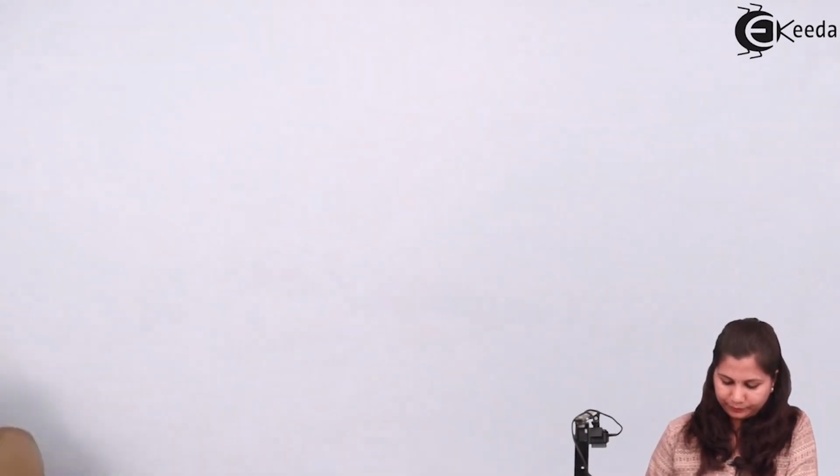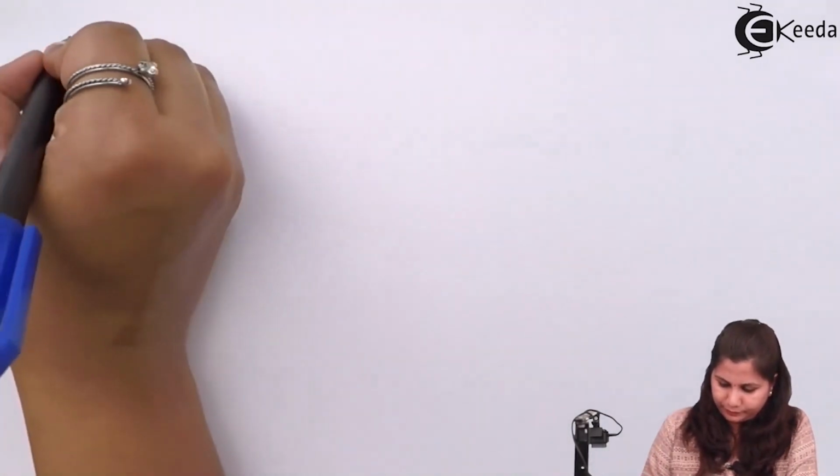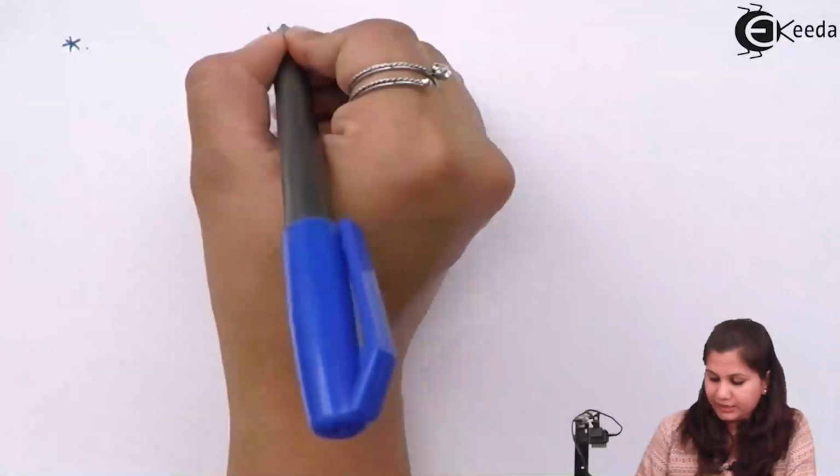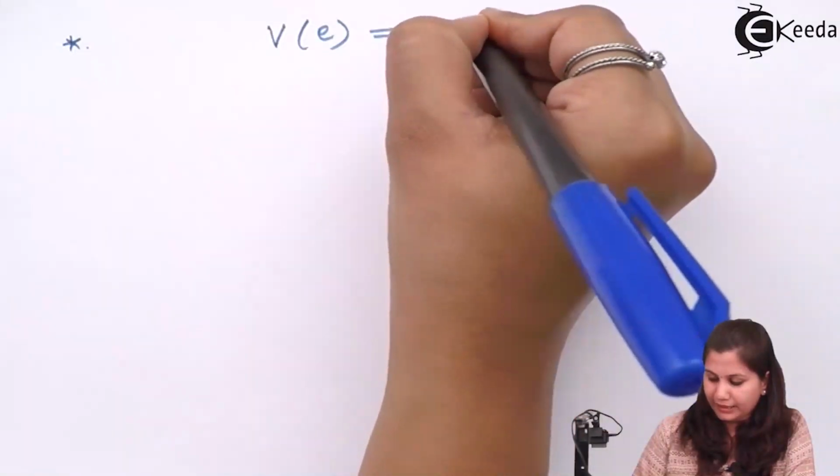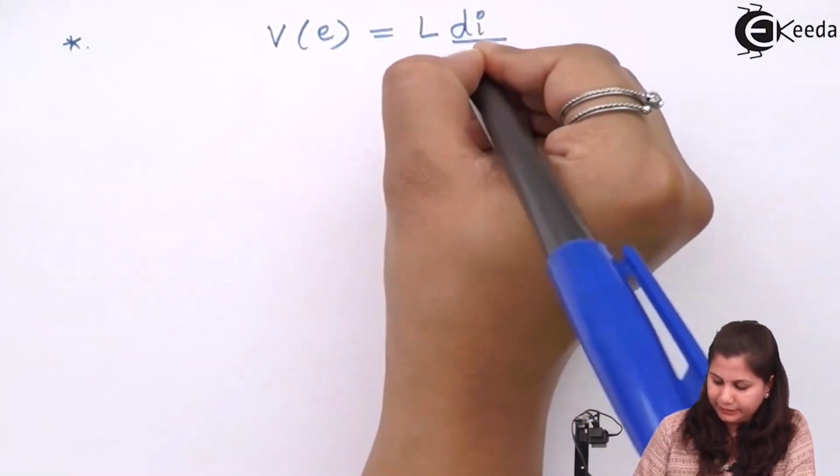Inductance is the property of an inductor. Now, from this equation, we see that voltage or EMF is equal to L di by dt.